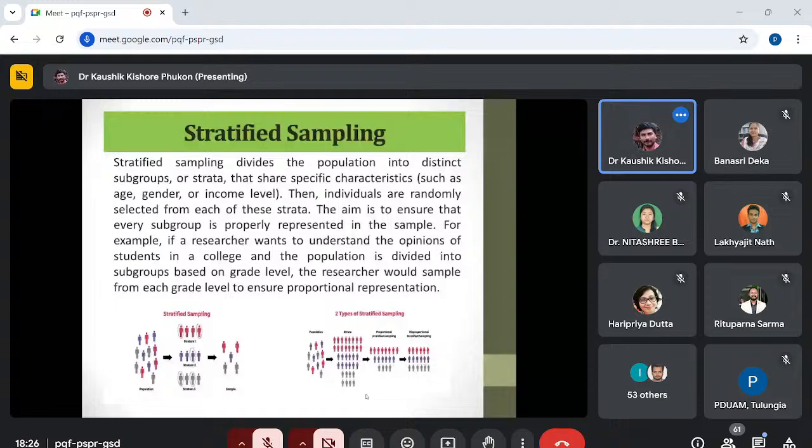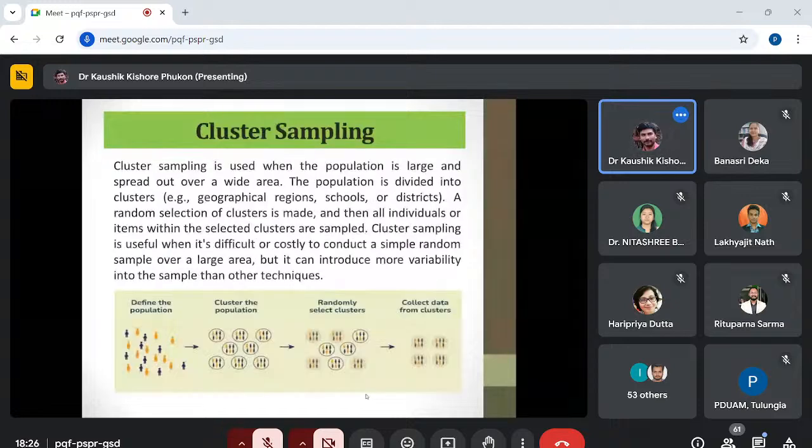So next is cluster sampling. Cluster sampling is again a unique type of random sampling. This sampling is used when the population is large and spread out over a wide area.